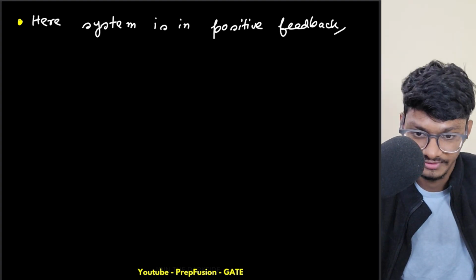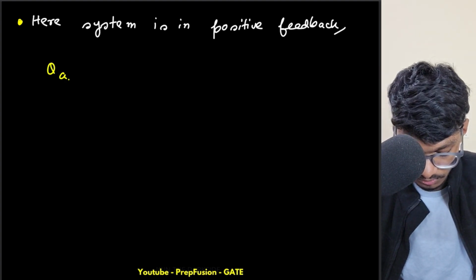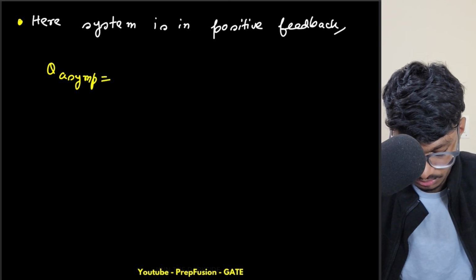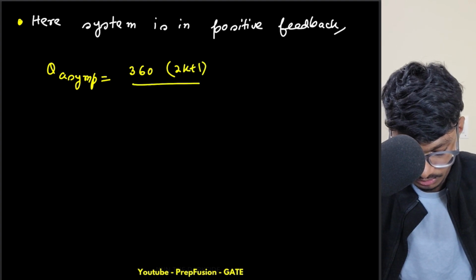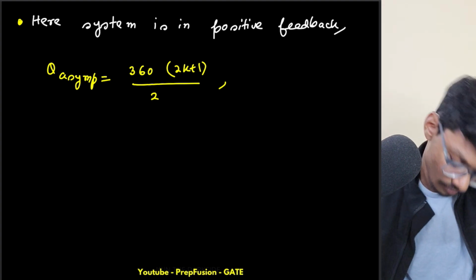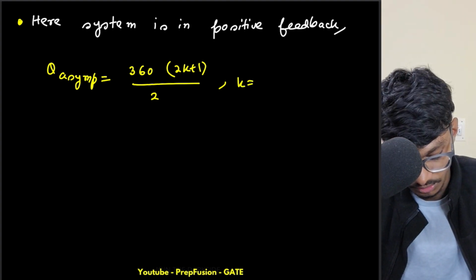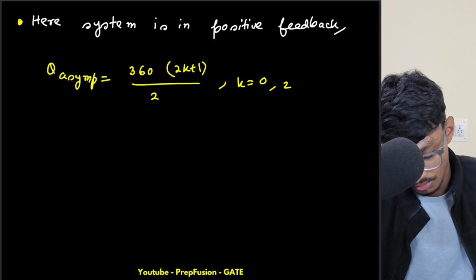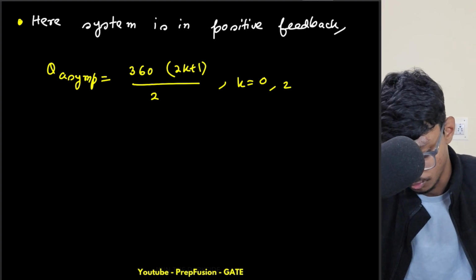So if my system is positive feedback, the theta asymptote formula will obviously change. It will be 360 into 2k plus 1 divided by 2, with k equals 0, 1.